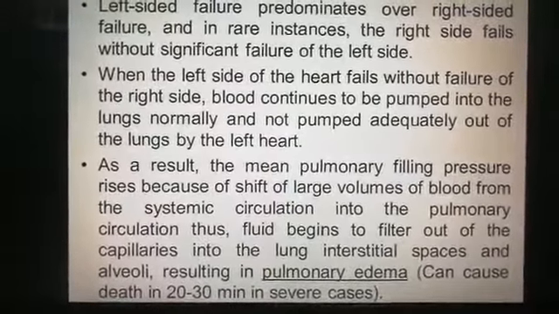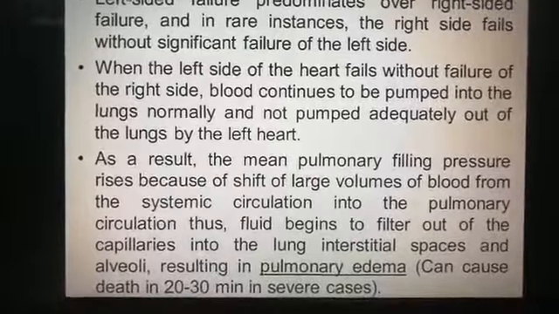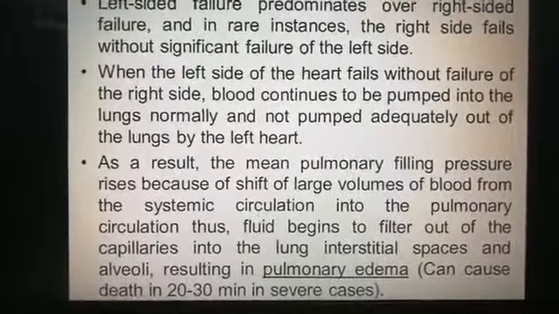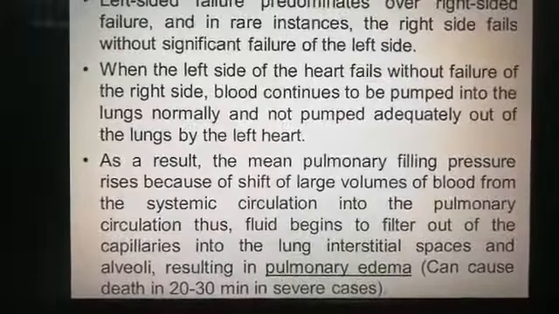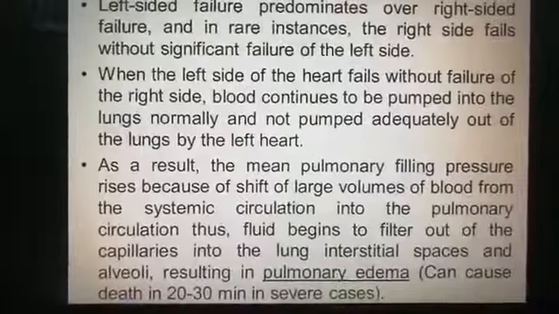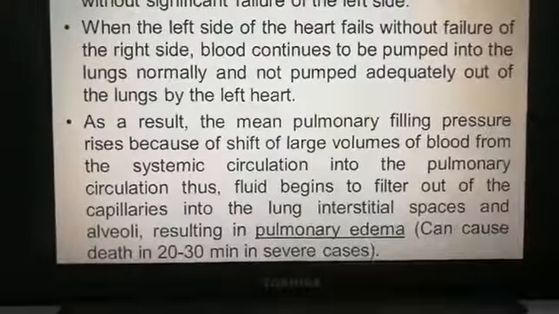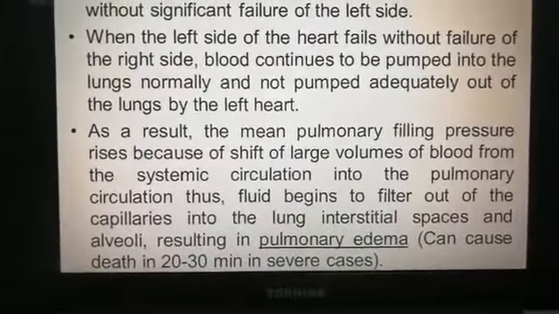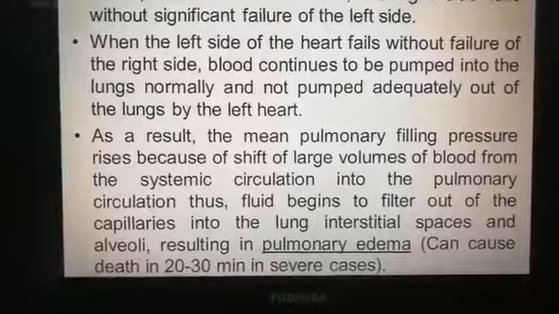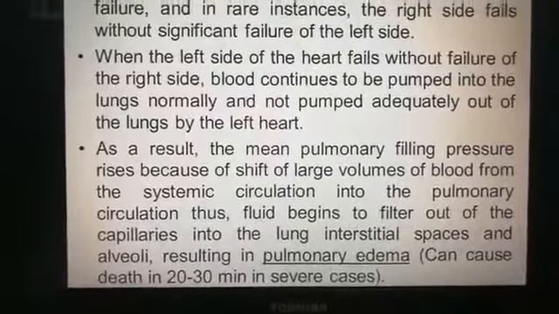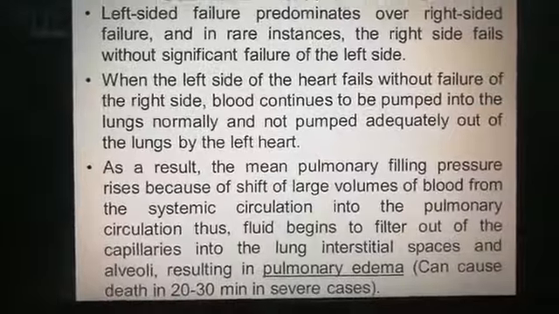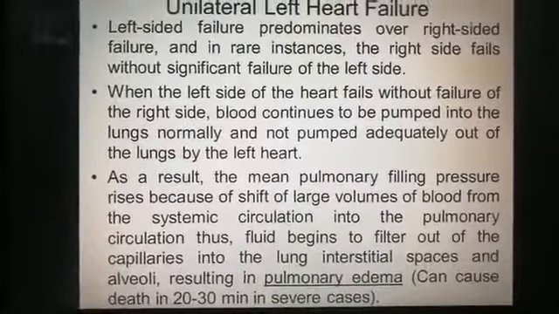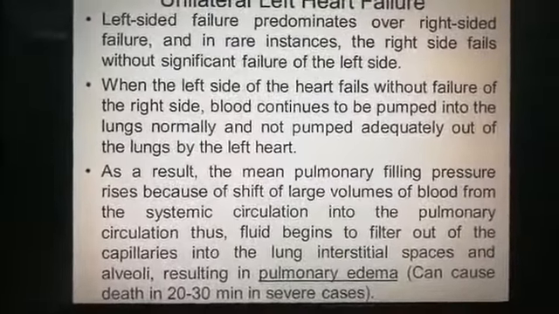So the mean systemic filling pressure in the lungs is raised. Thus fluid begins to filter out of the capillaries into the lung interstitial spaces and alveoli, resulting in pulmonary edema, which can cause death in 20 to 30 minutes in severe cases. So the pulmonary edema will result due to left-sided heart failure, even though the right heart is normal.